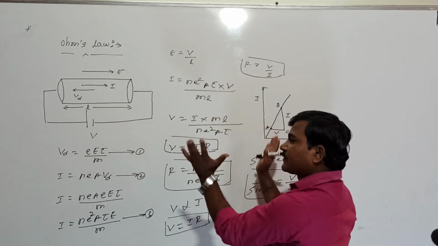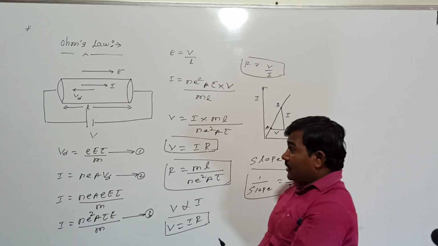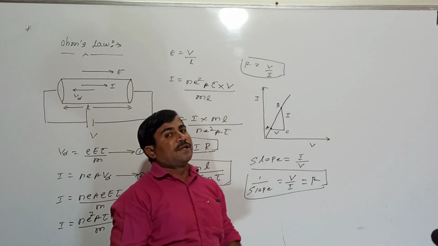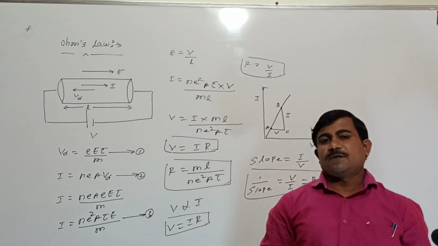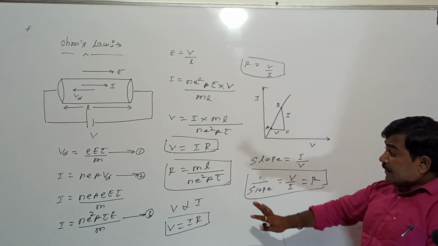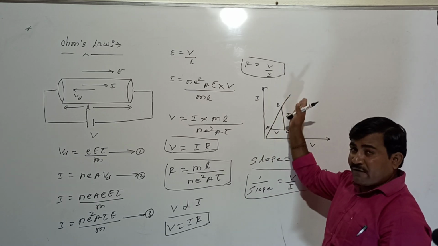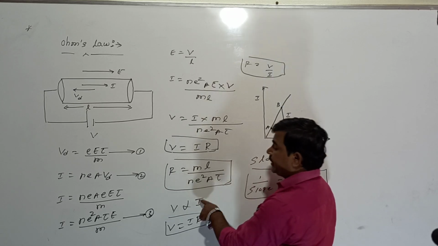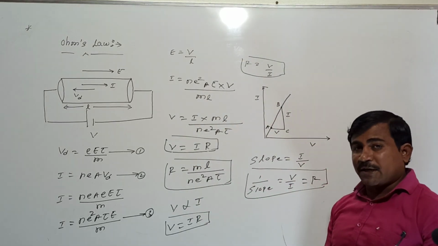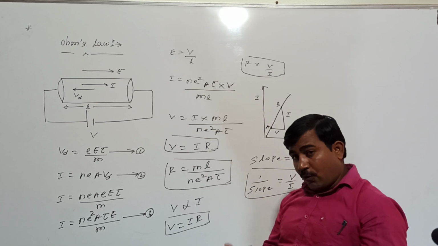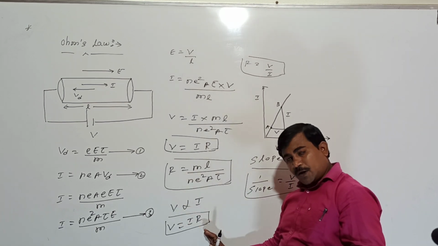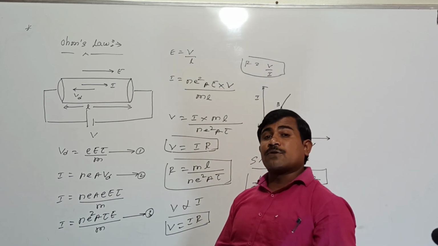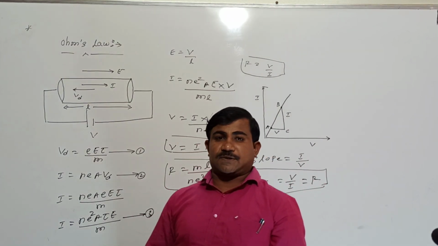Students, from this what did you get? The applied potential difference across the ends of the conductor is directly proportional to the current flowing in the conductor. The materials which obey Ohm's law, or in which the potential difference is directly proportional to current, those devices we are calling ohmic devices.